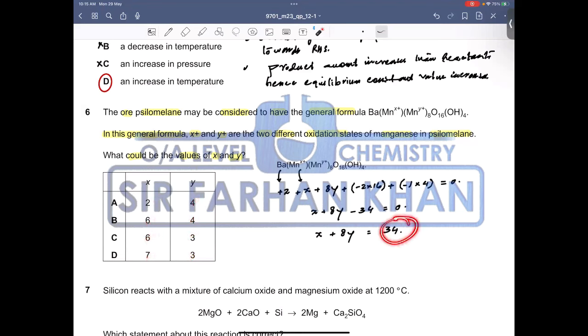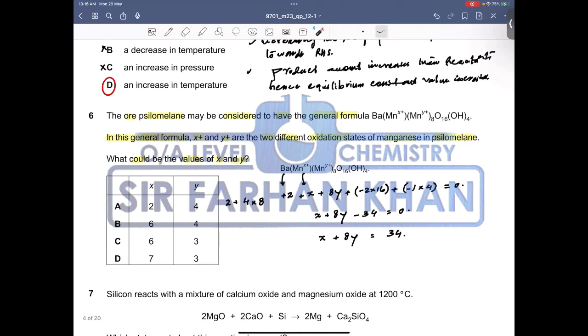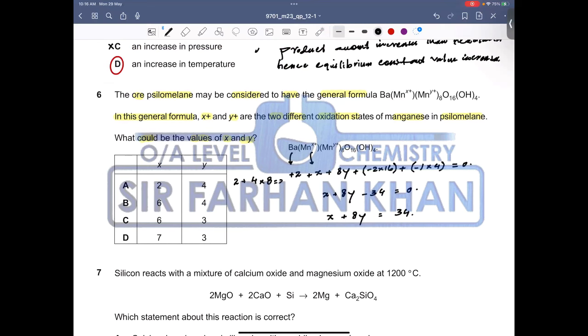If I plug the x and y values in, will I get 34? X is 2 plus 4 times 8. So 4 times 8 is 32, and 32 plus 2 is 34. So the overall is 34 here. I think A is going to be the right answer, because if we got a total of 34 here and we are also getting a total of 34 from this option, I think it's going to be the right answer.